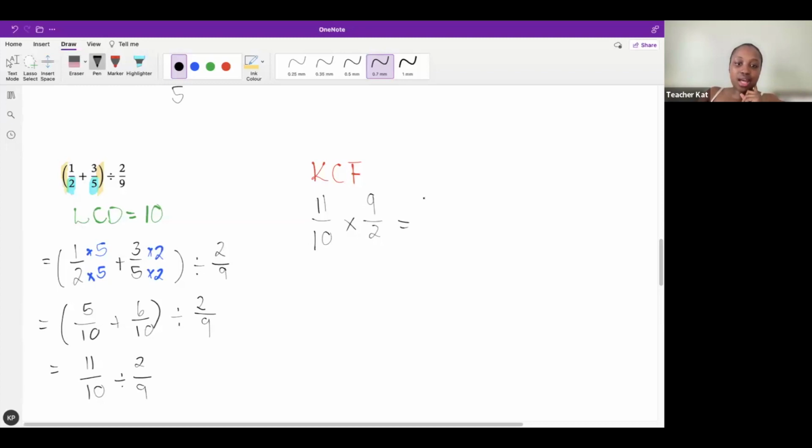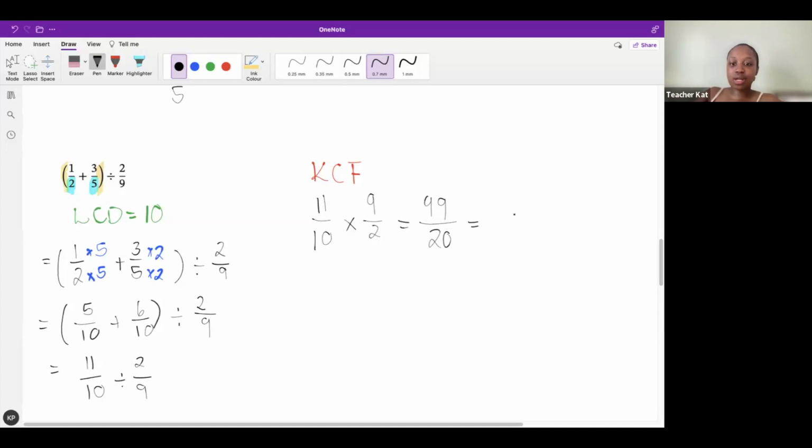So we actually cannot simplify this. We just have to multiply it out. So what's 11 times 9? For my numerator, we have 11 times 9, which is 99, over 10 times 2, which is 20.